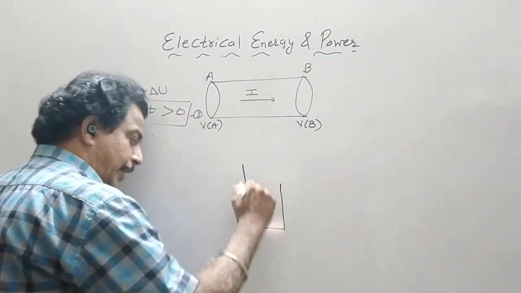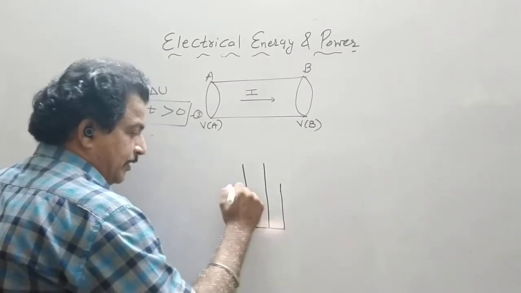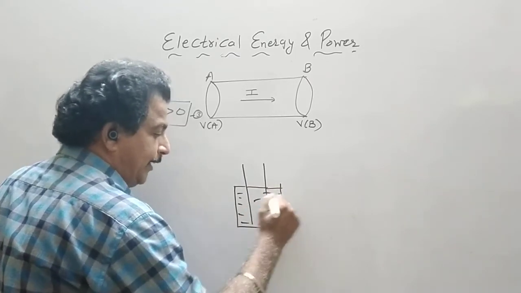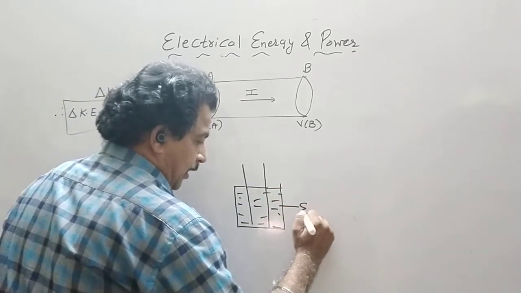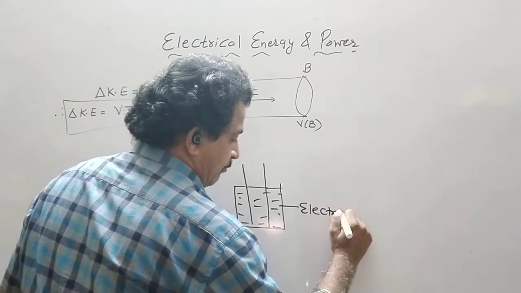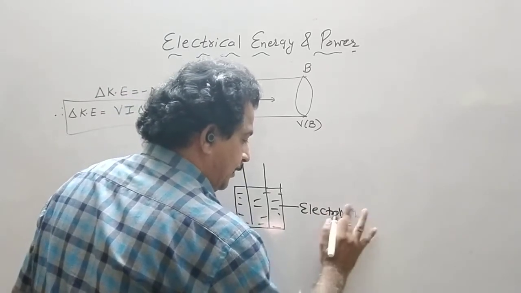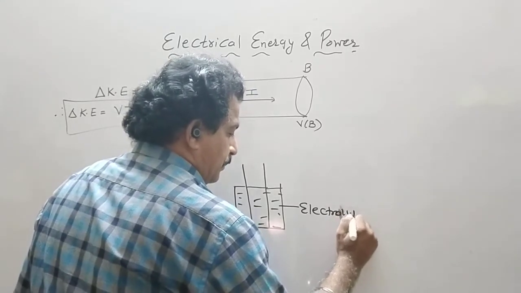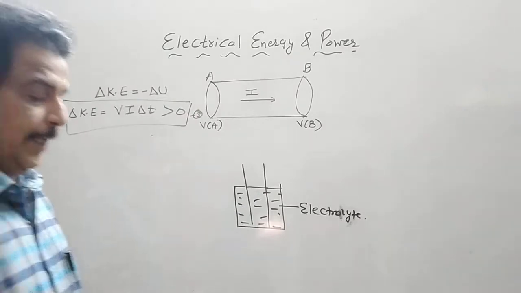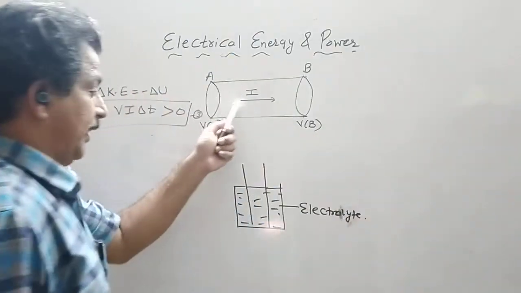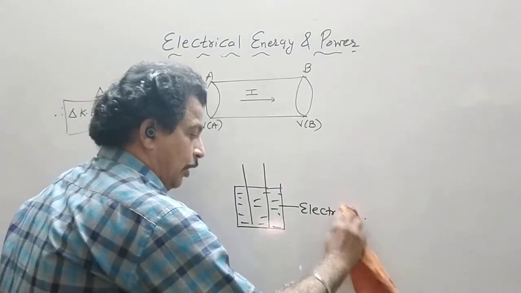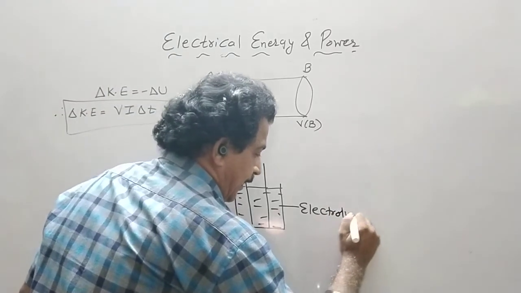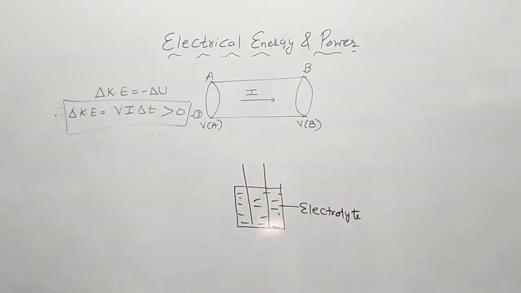So let us consider a simple electrochemical cell which consists of an electrolyte. So we will see the structure also, what happened inside the electrolyte. So we have seen what happened inside the conductor. Now in the coming lecture we will also see what will happen inside the electrochemical cell.